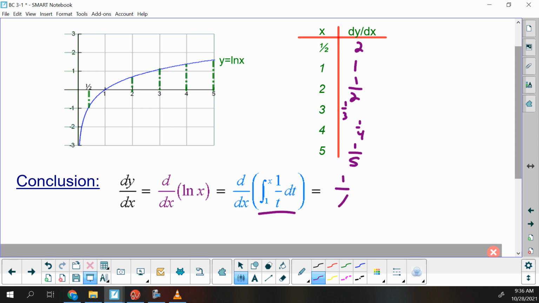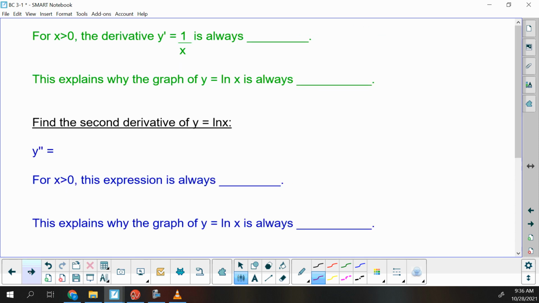So for our derivative, we're just going to get 1/x. So the derivative of natural log of x, that's a new rule we have now. It's just 1/x.